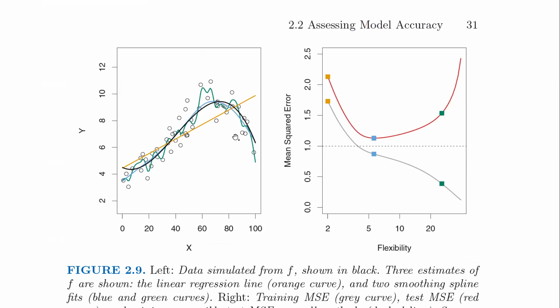As always, we're playing God over here, so you know the true relationship. The fitted models are the green, the blue, and the orange. And the more flexibility we allow within our model, the higher the variance, but the lower the bias.